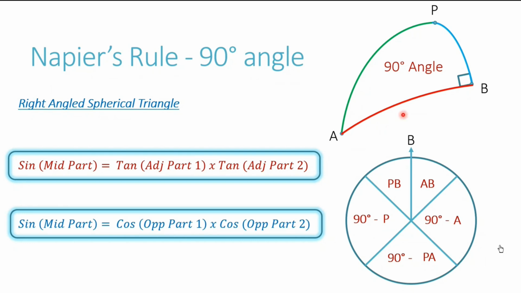Even if you move anti-clockwise, the application of the Napier's rule will still be accurate. If you move anti-clockwise in the triangle and you move anti-clockwise in the cartwheel, even then the application of Napier's rule will not go wrong. It will still be correct and accurate.